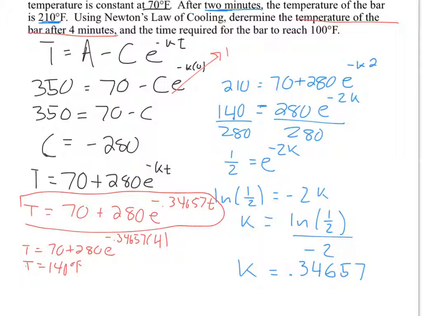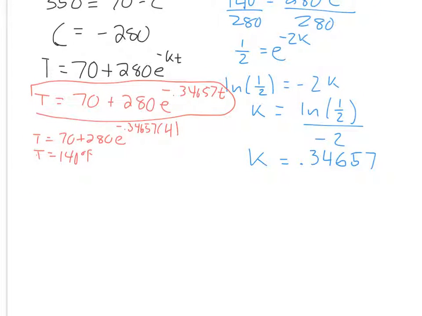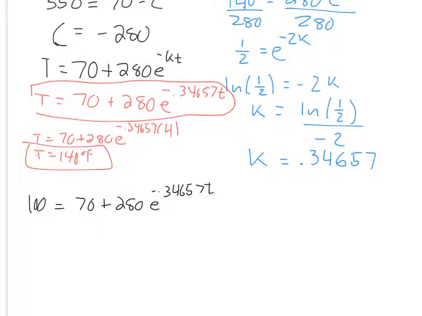And then to get the time it takes for the bar to reach 100 degrees, I'm going to set my temperature to be 100. I'm going to solve for t.